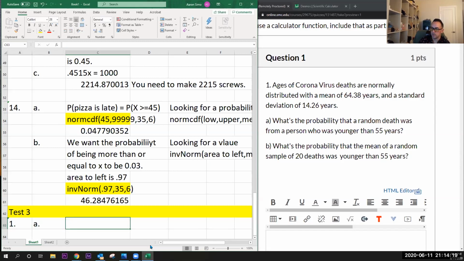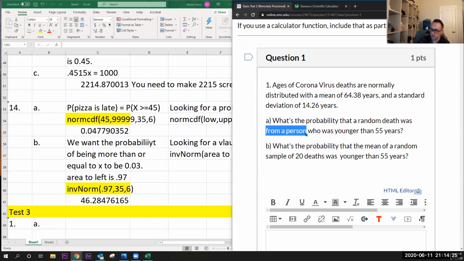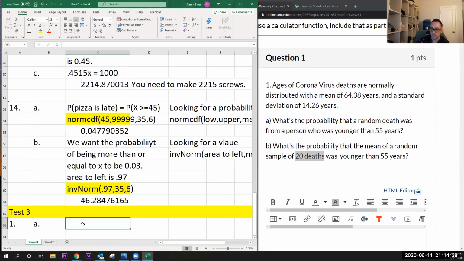On B, it says you have 20 deaths. This one says from a person, okay? This one says 20 people. You see the difference between A and B? This is regular normal distributions. This is sampling distributions. In A, it's trying to find the probability that X is younger than 55.